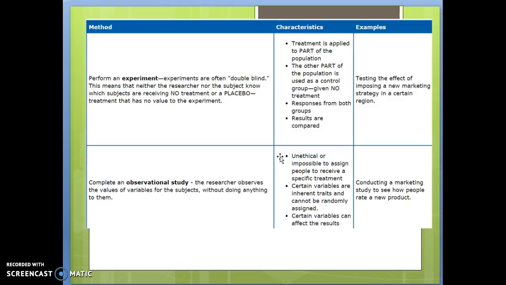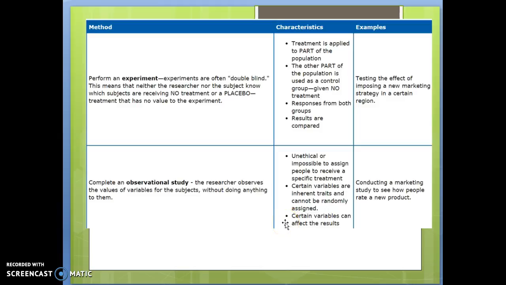Let's say you want to observe a group that smokes and the effect of the smoking. You can only observe them. You cannot force people to smoke as a treatment. Certain variables are inherent traits and cannot be randomly assigned. This is especially true for biology researchers, to observe people who inherit certain traits to see what they do, whatever they want to observe.